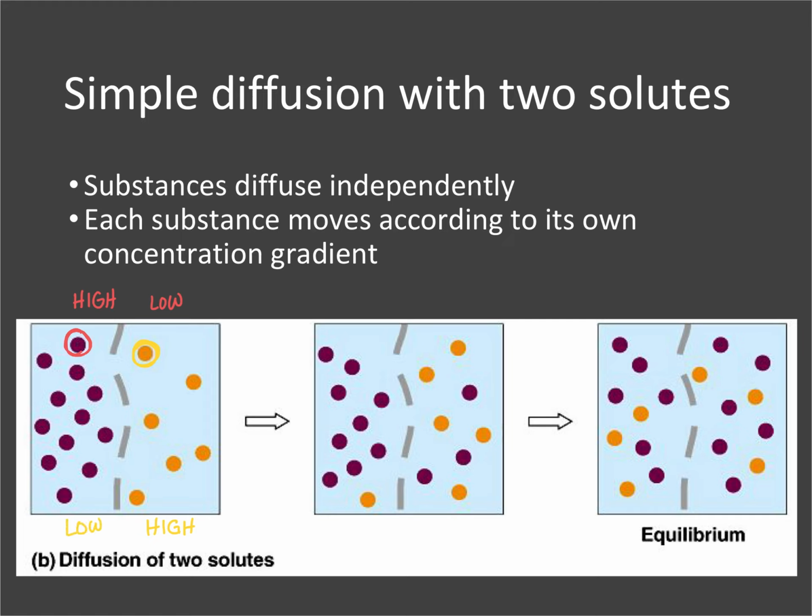And so what we see happening over time is that the red substance is going to diffuse down or with its own concentration gradient. So it's going to go from the left to the right, whereas the yellow substance is going to diffuse down or with its own concentration gradient. So they're both diffusing by simple diffusion, but they're going down or with their own concentration gradients.